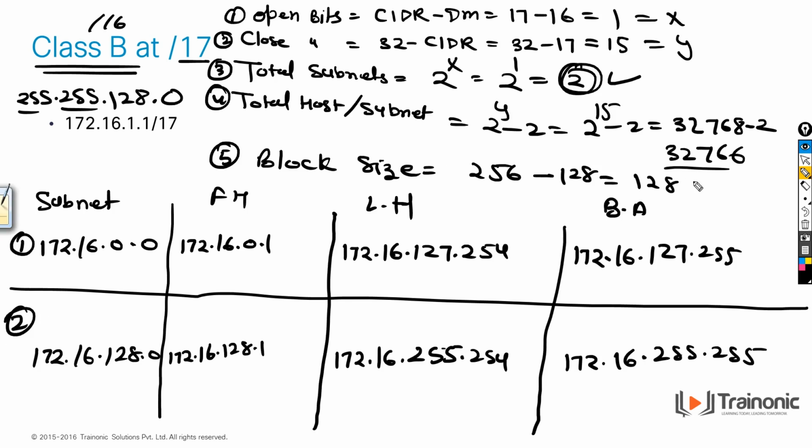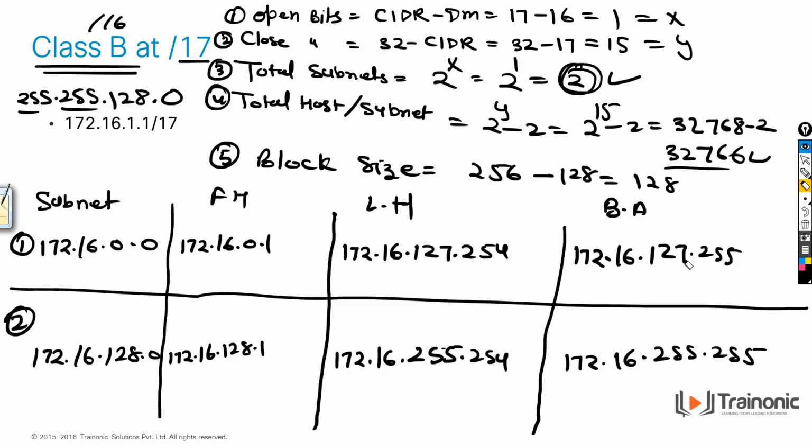We get two subnets and valid hosts per subnet. First subnet is 172.16.0.0. First host is 172.16.0.1. Last host is 172.16.127.254.